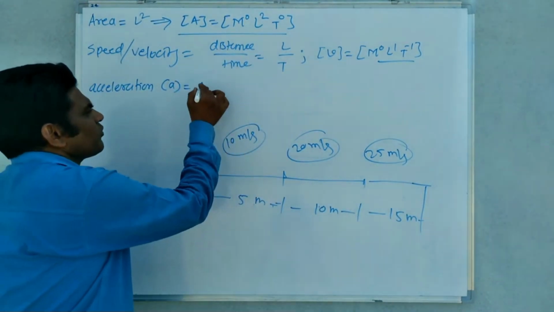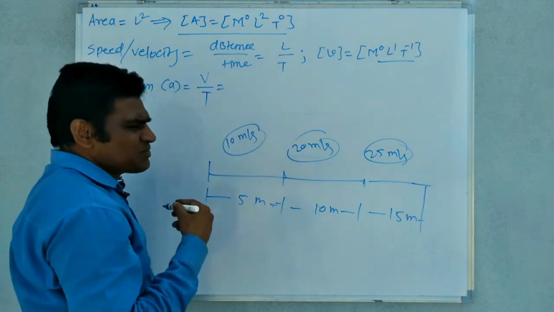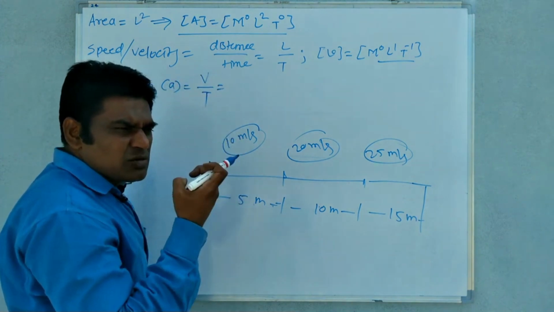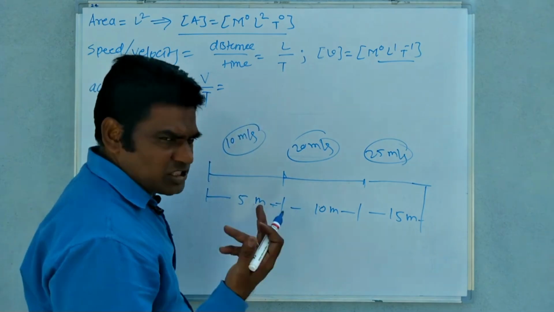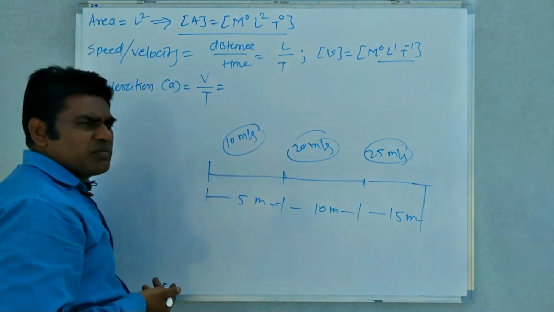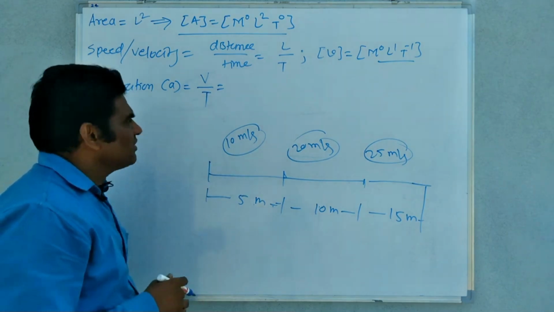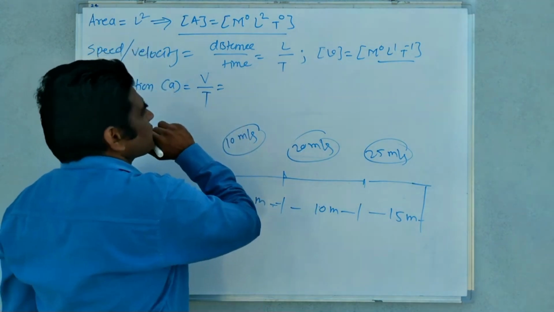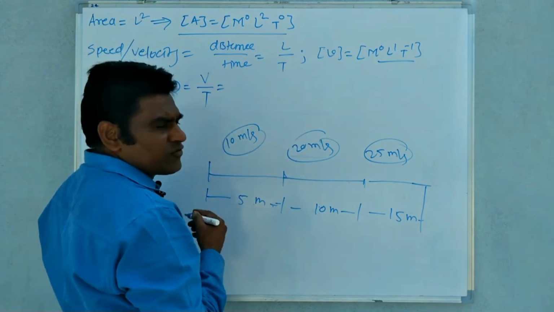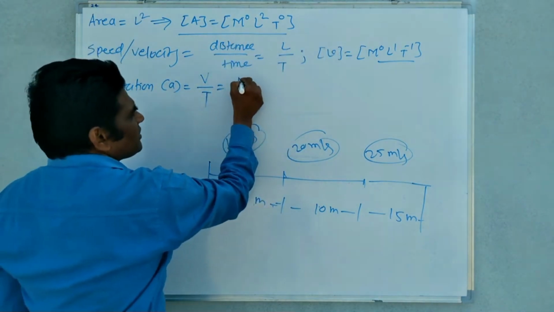So, rate of change of velocity with respect to time. In detail we will discuss speed, velocity and acceleration, a micro level analysis, in another chapter. For now, just remember it is velocity upon time, simple. The dimension of velocity we have already calculated.